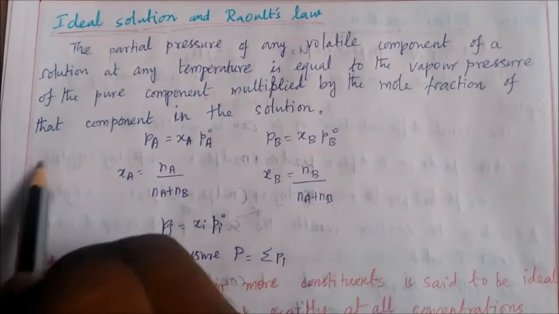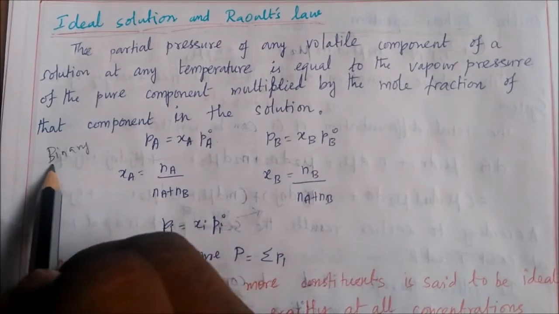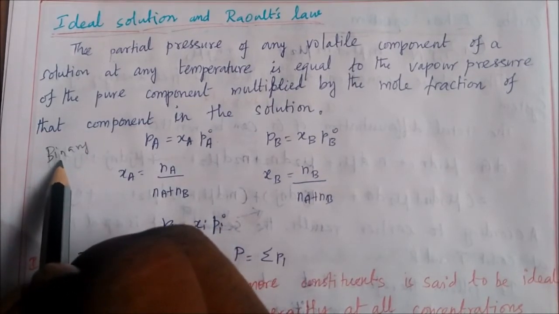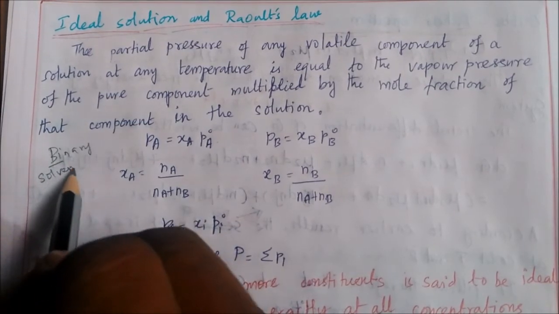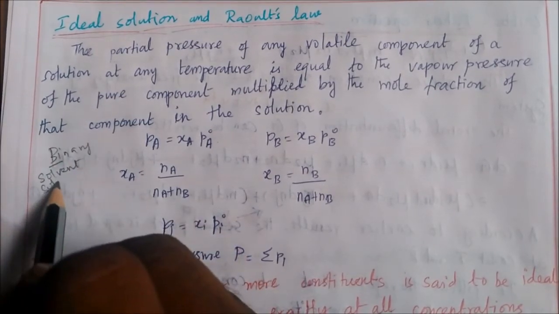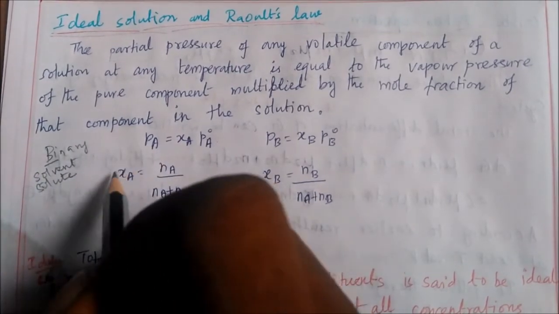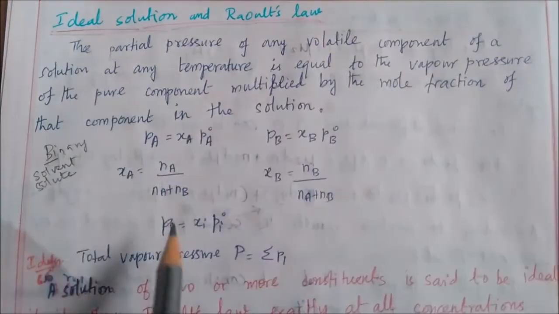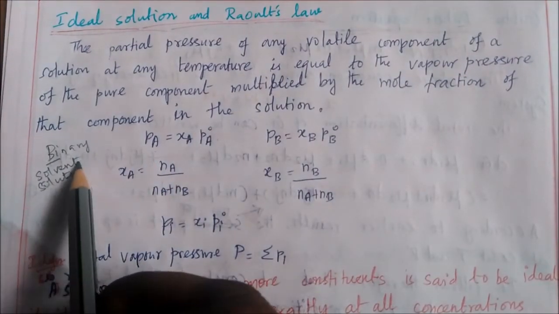If we consider a binary solution, how many chemicals or constituents will be there? Two. So one may be a solvent and another one may be a solute. We may consider A as solvent or A may be a solute. For instance, we are considering that as a solvent.